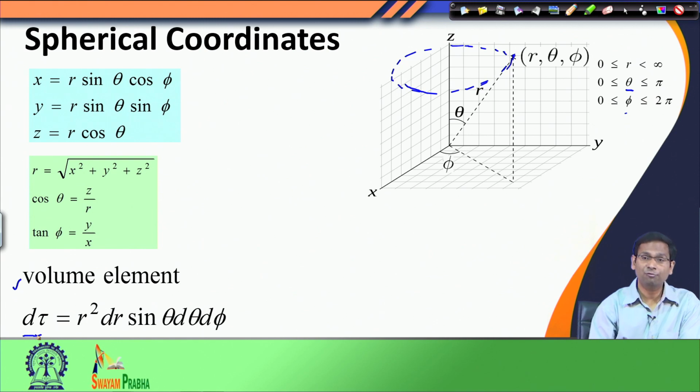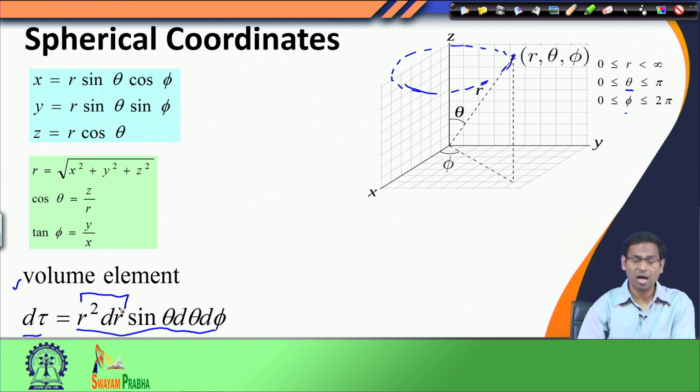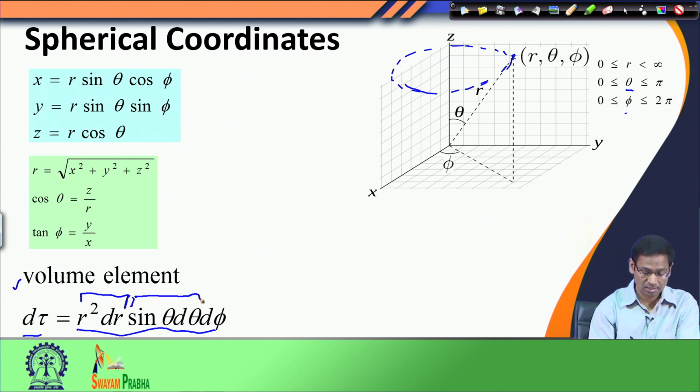This d tau volume element in Cartesian coordinates converts to this particular form in spherical coordinates. This is not simply dx, dy, dz; rather, for r, I have r square dr. For the theta coordinate, I have sin theta d theta, and for the phi coordinate, I simply have d phi.